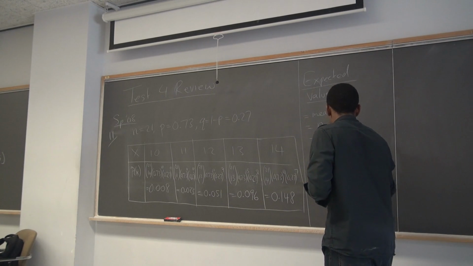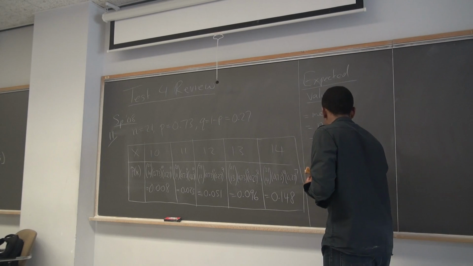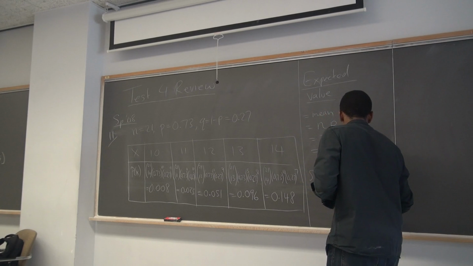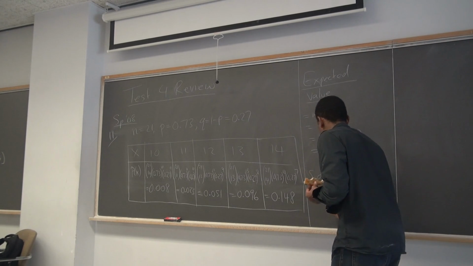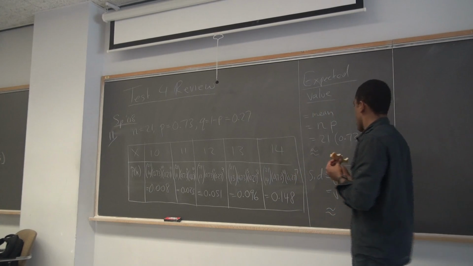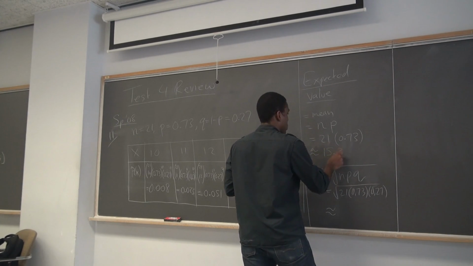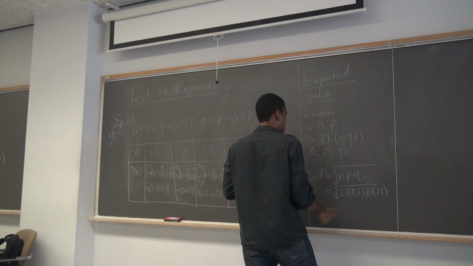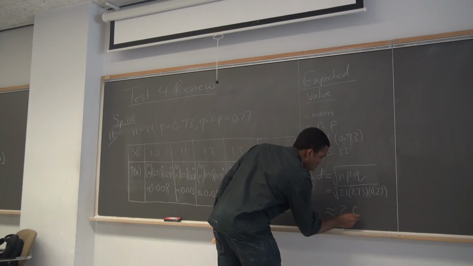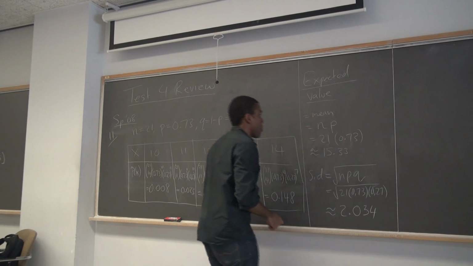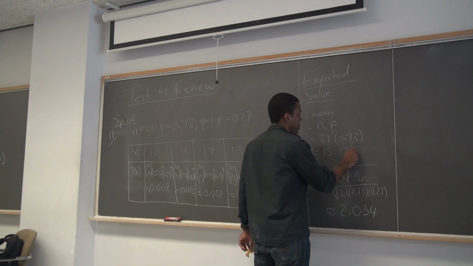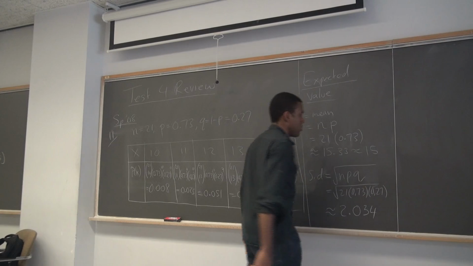Square root of NPQ. So this is just the square root of 21 times 0.73 times 0.27. To 3 decimal places, this is 15.33. And this one, 2.034. So the expected value is roughly 15 shots. You'll make about 15 of them.